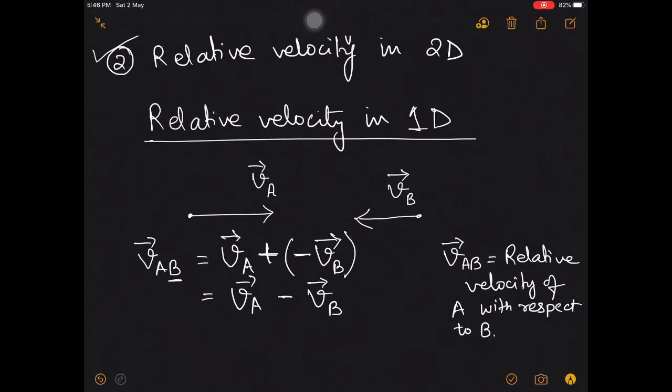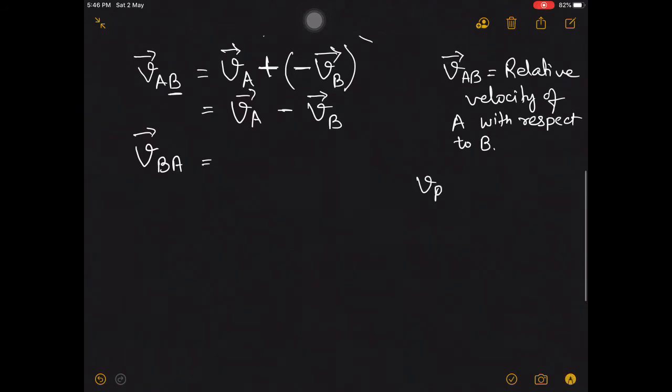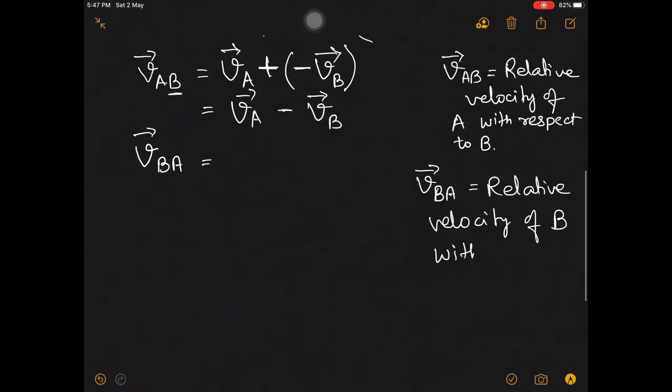Suppose I ask you, what is the relative velocity of B with respect to A? Let me write here. VBA means relative velocity of B with respect to A. See here, what will you do?